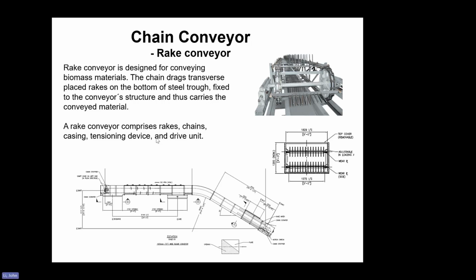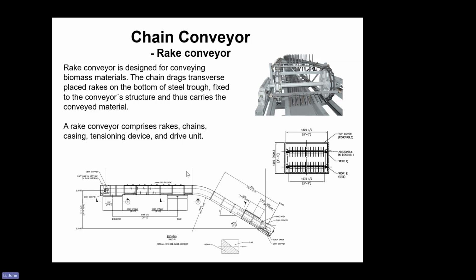A rake conveyor comprises the rake, the chain, two chains here, and the tension device. You can see two circles here, that means it can move. And the drive unit is always at the head.